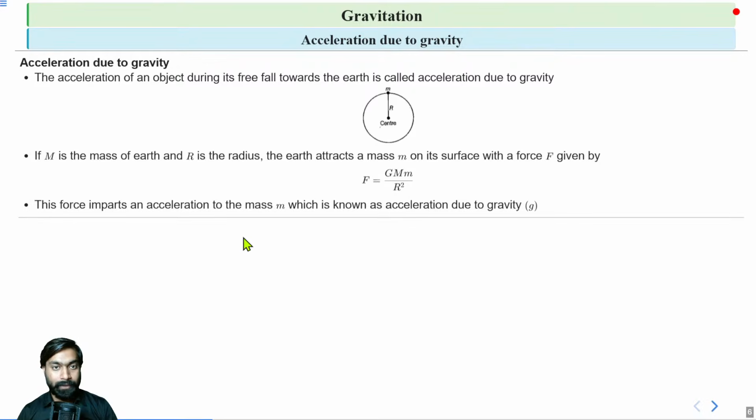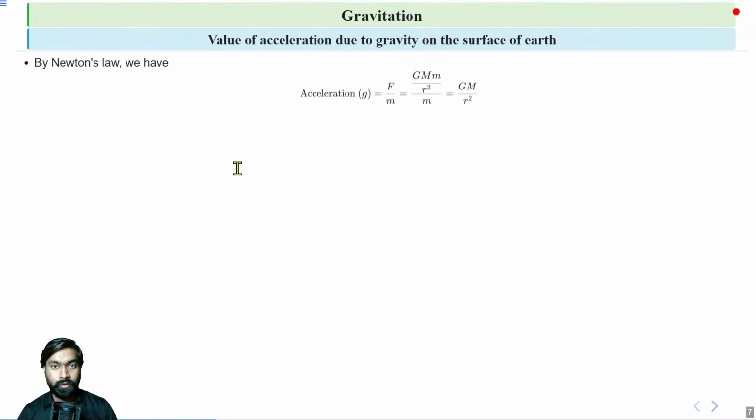This force imparts an acceleration to the mass m, which is known as acceleration due to gravity, small g. According to Newton's second law, acceleration is equal to force upon mass, and we know the value of force, that is G M m divided by r square, divided by small m.